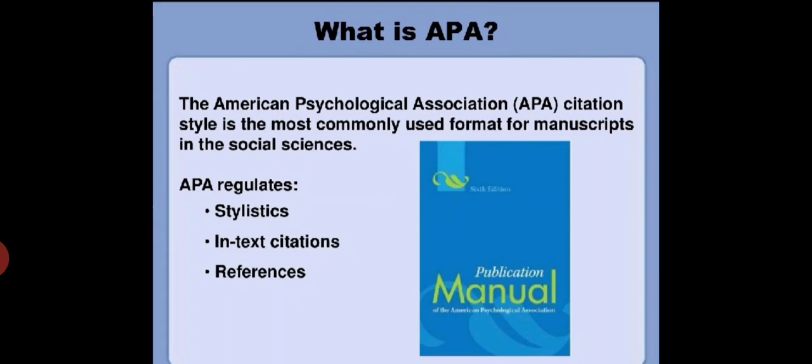So, the mostly used reference style or citation style in social sciences is APA. So, we also use APA style mostly in our research work, our thesis and research papers. APA regulates stylistics, in-text citations, and references.